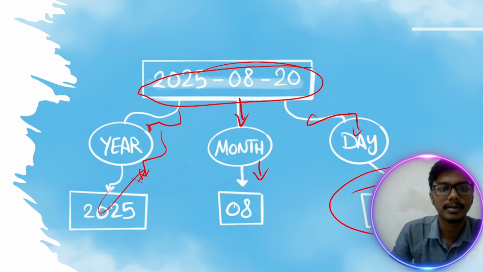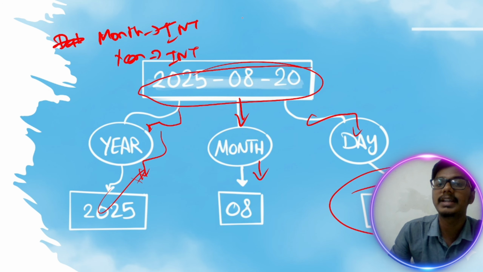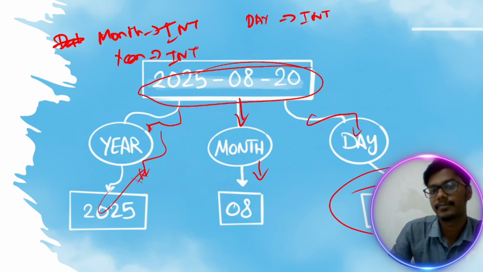So I am going to write: in the MONTH function, we get the output as an integer. YEAR function, we get an integer. In the DAY function, we get an integer.